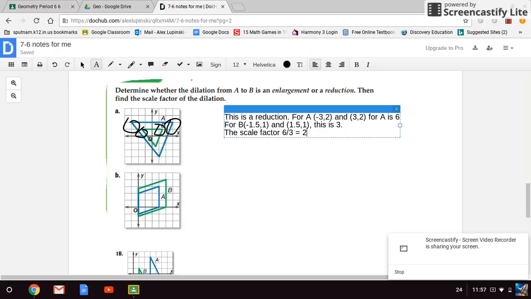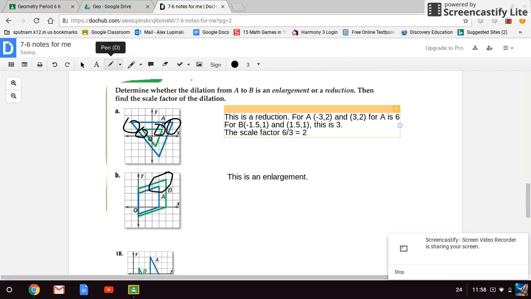That's not so bad, I think. And the next one, B. We have A to B this time. A is smaller, and we're going to B, so it's going to be an enlargement. So this is an enlargement. We're going to take the points. In this case, we're going to take the vertical points.